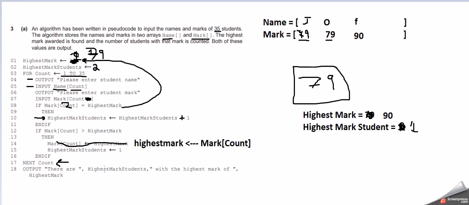There are highest marked students with highest mark of highest mark, but we're missing what the highest mark is as well, so we need to add that to our output.